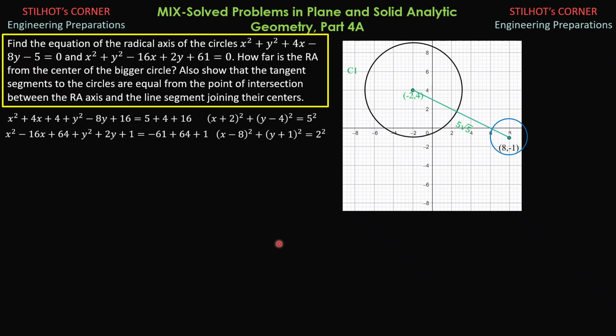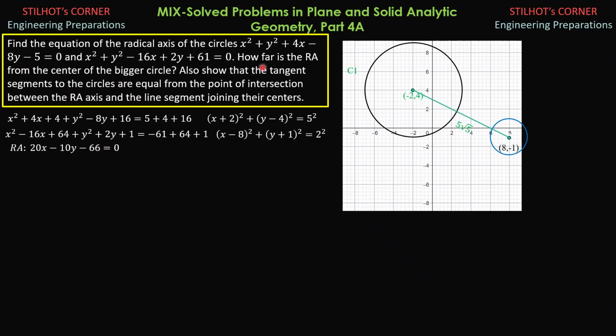Next, let's get the radical axis. Circle 1 minus circle 2, to eliminate the x squared and y squared terms. So we have 4x minus negative 16x is 20x. Then negative 8y minus 2y is negative 10y.